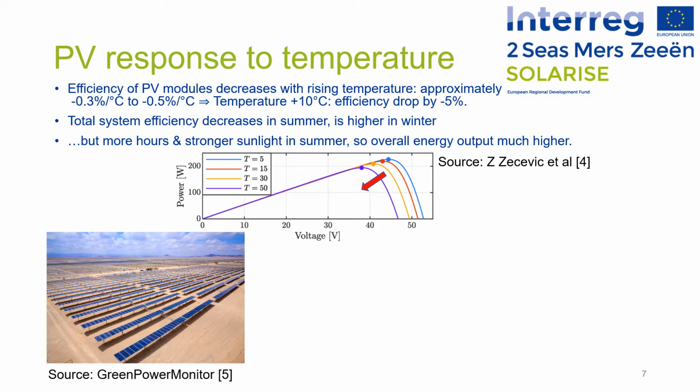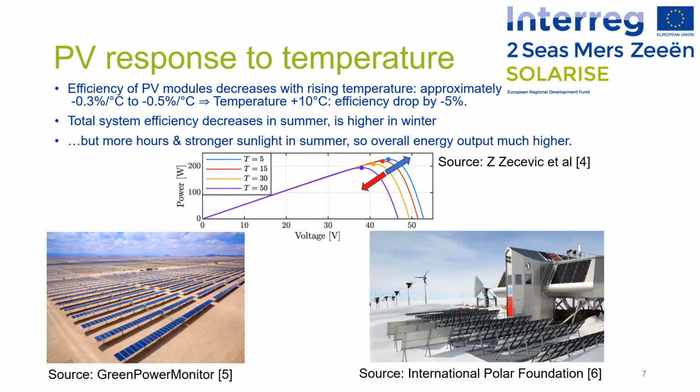But again, you have more hours and stronger sunlight in summer, so the overall output is much higher. The ideal combination would be to have the hours and amount of sunlight as you see in desert areas with the temperature that you can see in Antarctica. And then you would have the best of both worlds, both hours of sunlight as well as low temperatures for highest efficiency.